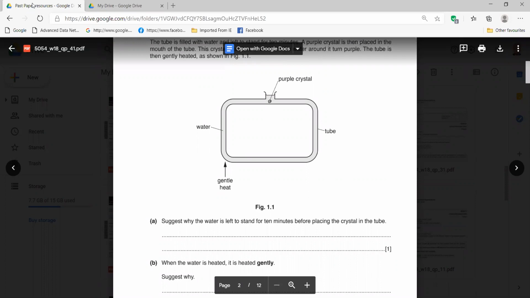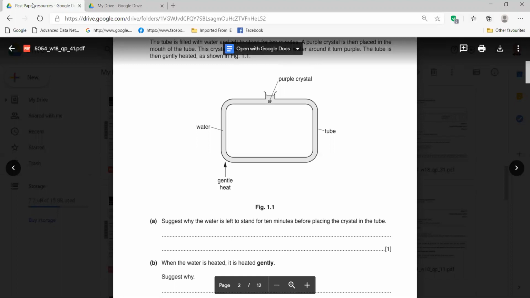So if it is not gently heated, then water is boiled. That means if we give too much temperature, water will boil and we'll get vapor, right? And here we'll see the water will come out, right? Water will get lots of bubbles and there will be some flow of water coming out of the tube. It might happen, right?